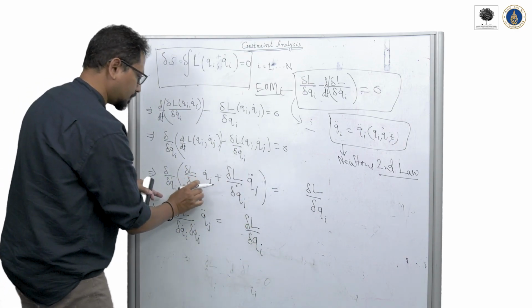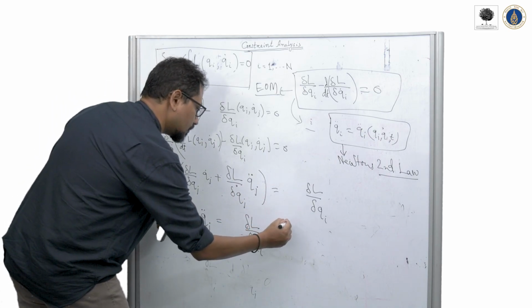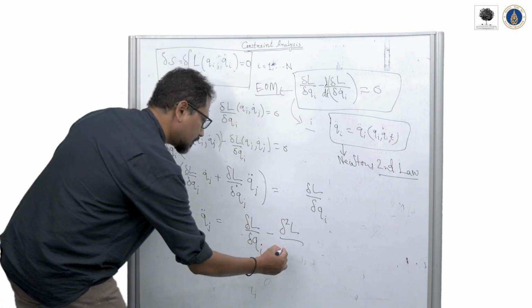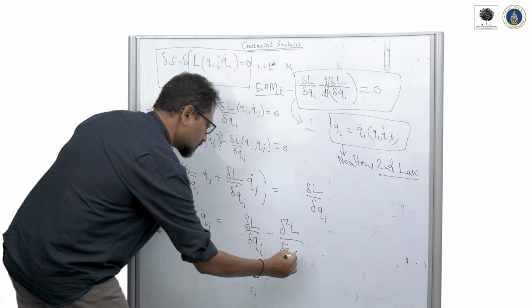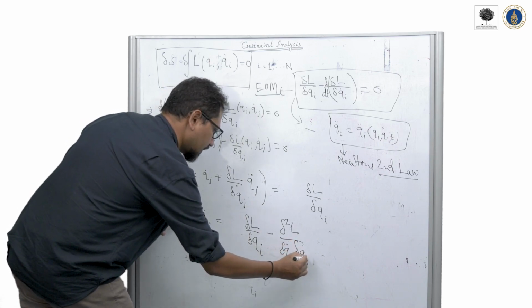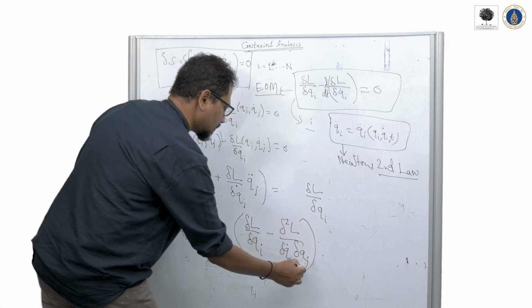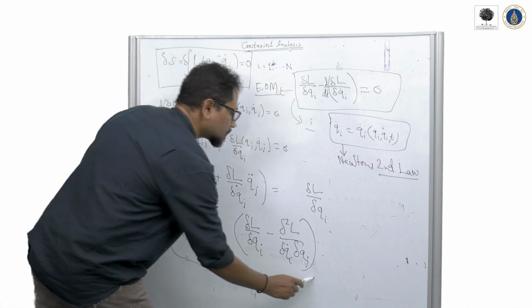So this term would go there, minus del 2 L by del Qi dot del Qj. Okay, so what you got is this.